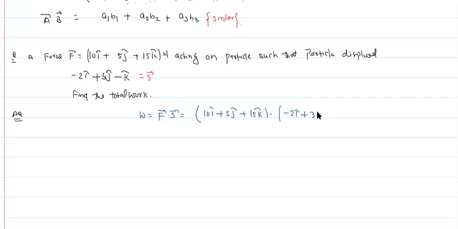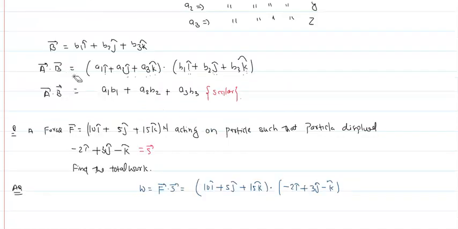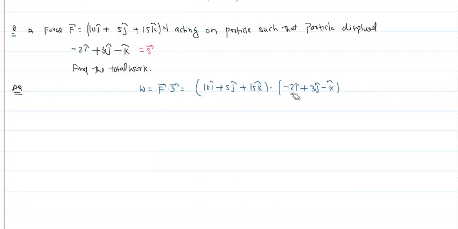So you can see here, if you have two vectors, A vector and B vector, and you do the dot product, you get A1 B1, means you multiply this by this, this by this, this by this. In the same manner, you multiply 10 by minus 2, 5 by 3, and 15 by minus 1.